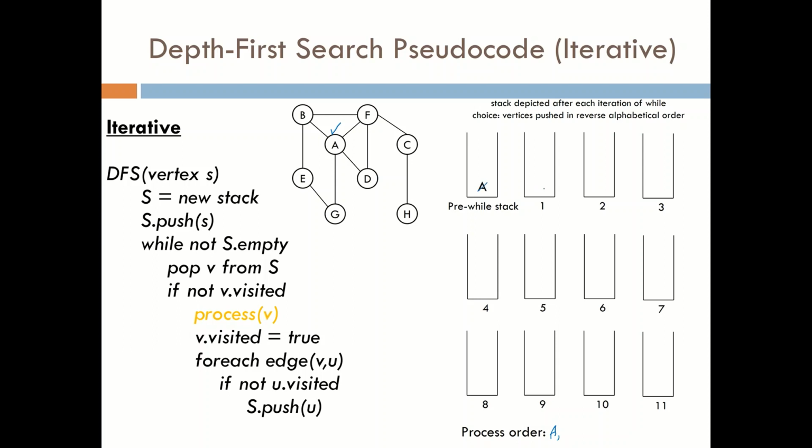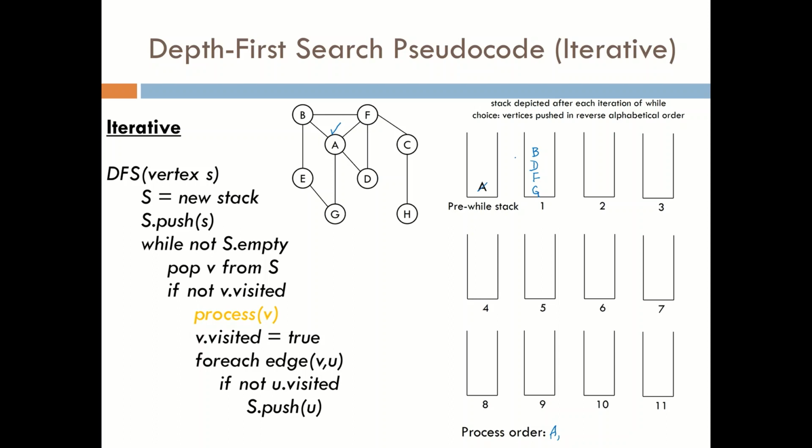So first we will push G onto the stack. And so that's this one. And then we will push F onto the stack. We will then push D, which connects to A also. And finally, we will push B, and those are all the edges that emanate from A. So our stack now looks like this.